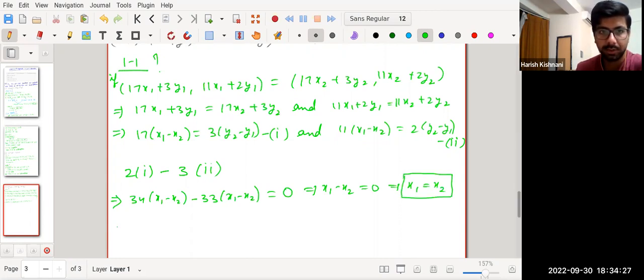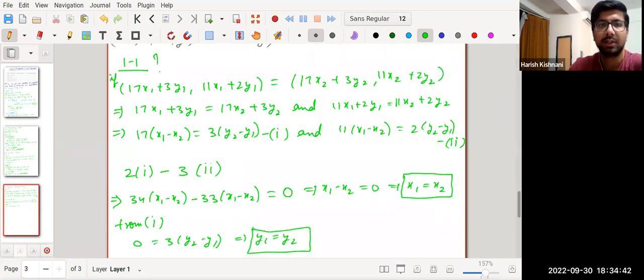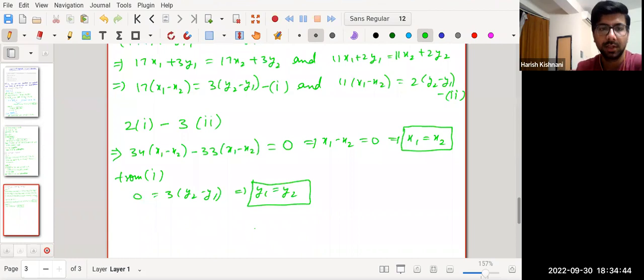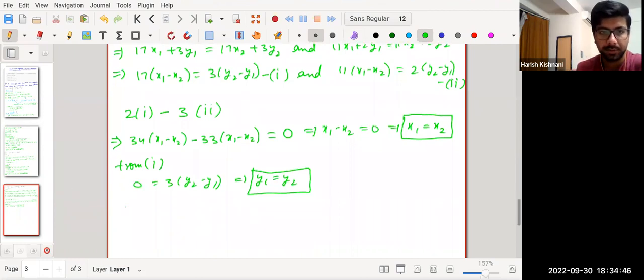Putting it back into the first one, we will have that 0 is the same as 3 times (y2 minus y1), and that will give you y1 is the same as y2. Okay, and this implies that f is one-one.